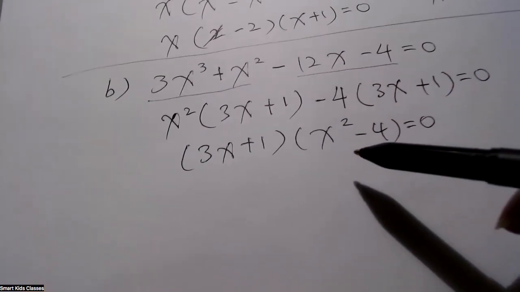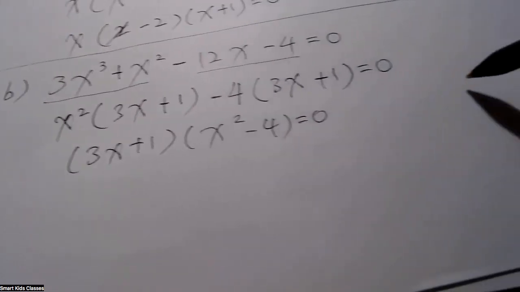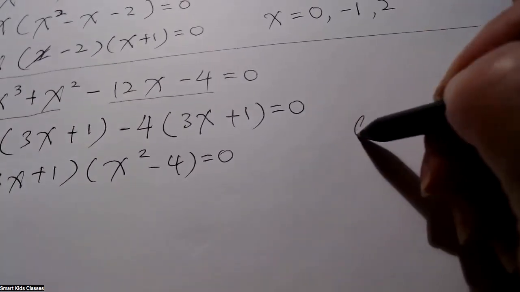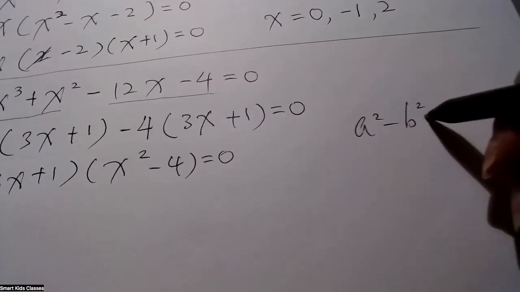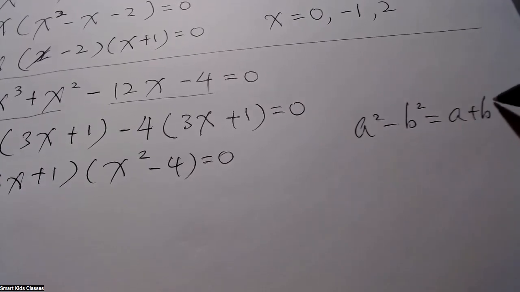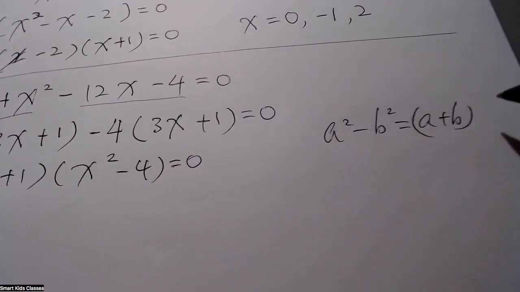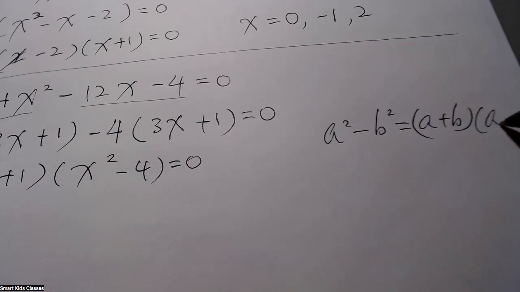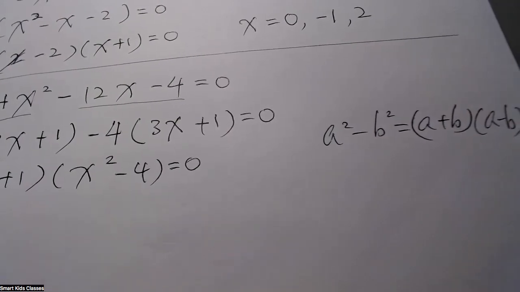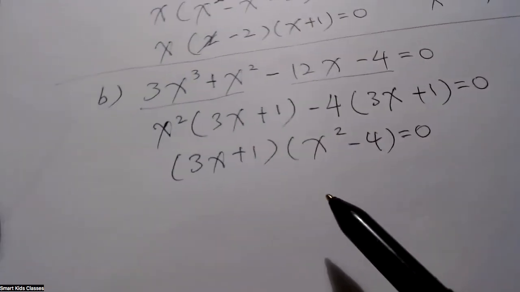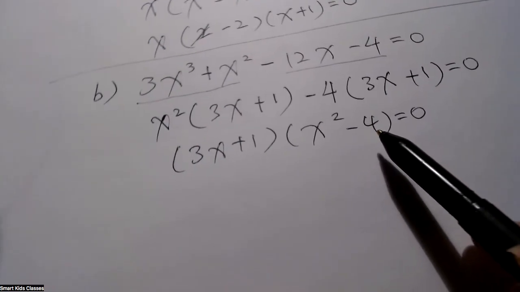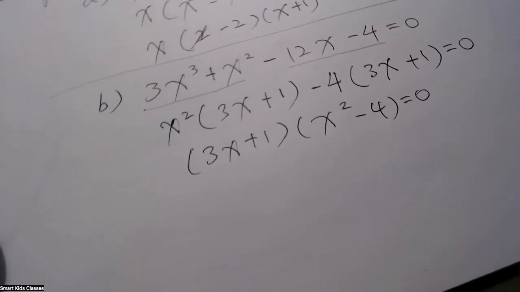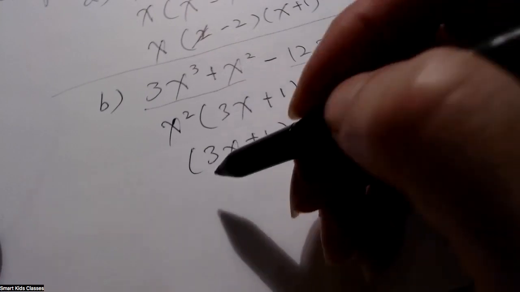And you know, x squared minus 4 fits the formula a squared minus b squared equals (a plus b) times (a minus b). We apply this formula to factor this one because 4 is a perfect square number, it's 2 exponent 2.